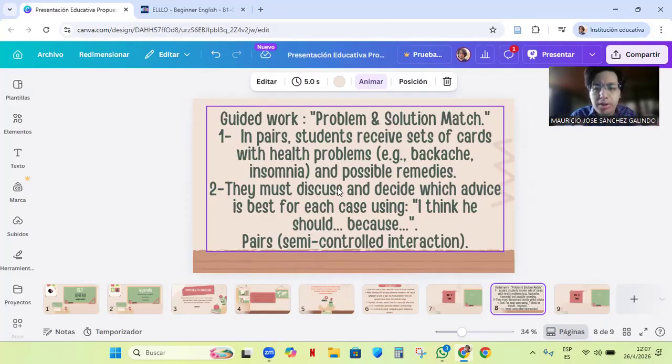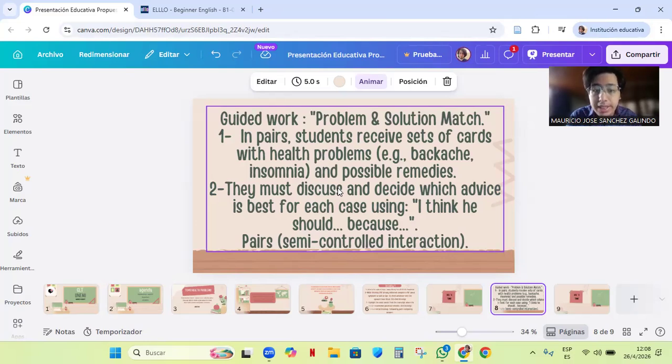What else? Another health problem. Oh, that's a pretty good one. Backache, but we already have it here. Congratulations. Tell me another one. Headache. Perfect. Well done. Now, in addition, you are going to be given the possible remedies.